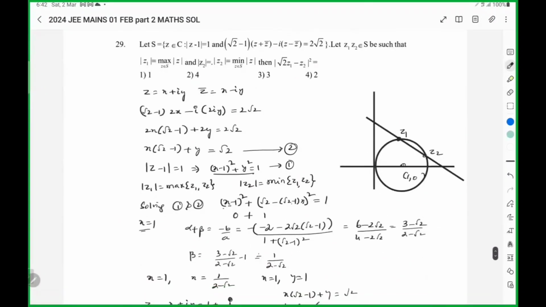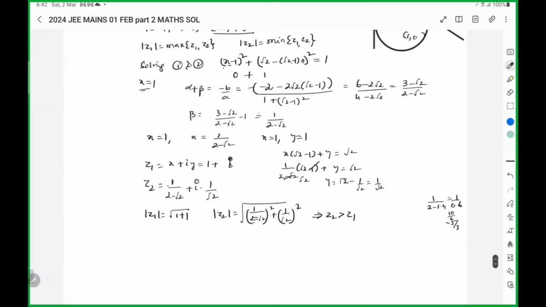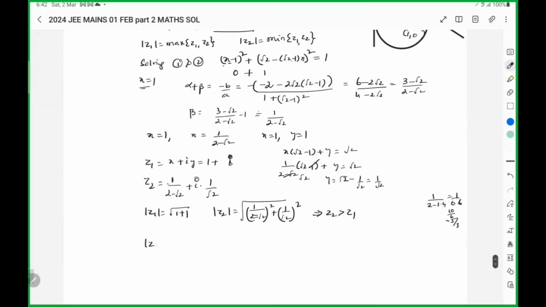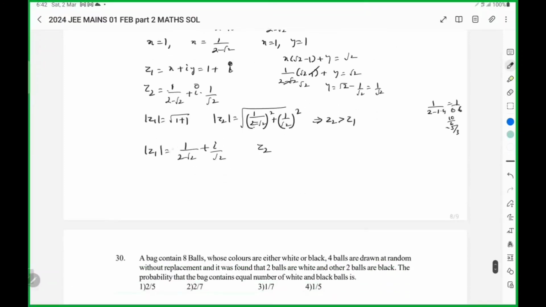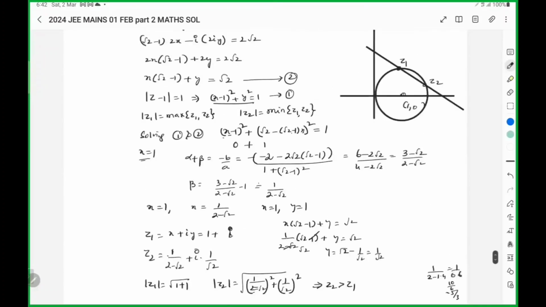So here Z1 I will take as 1/(2 − √2) plus i/√2, because he is asking maximum magnitude. Z2 I will take as minimum. Minimum is 1 plus i.